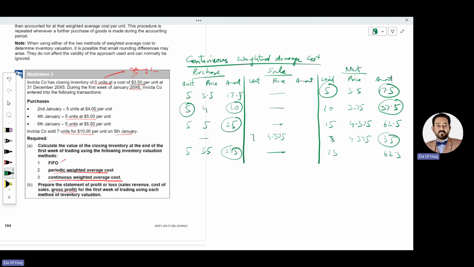So what is the average price per unit you are having? 4.9375. But you need closing inventory. This is the value of closing inventory.